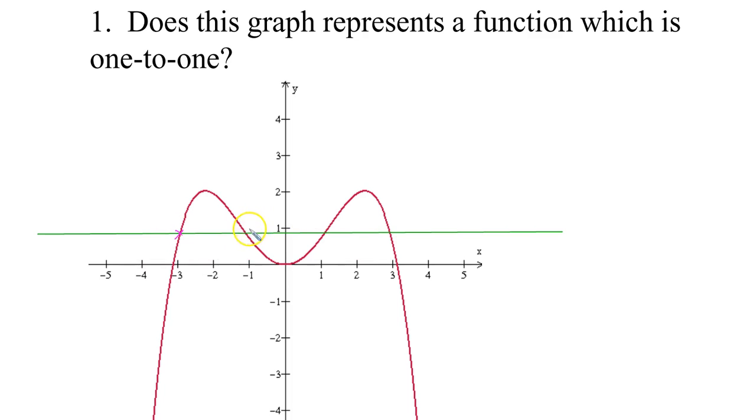It crosses here, here, here, and here. So it crosses 4 different places. So this is not a one-to-one function, and we can also say that it does not have an inverse.